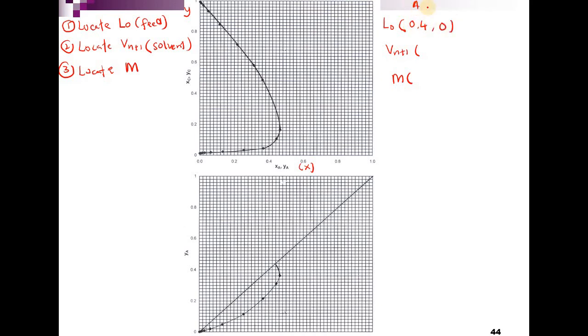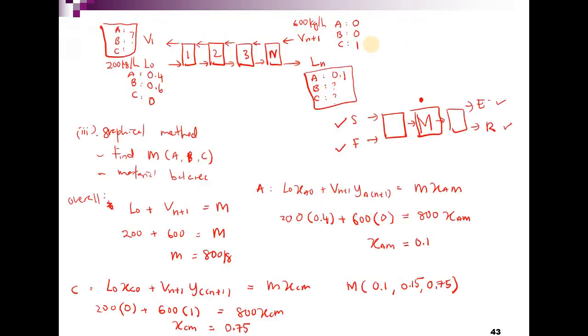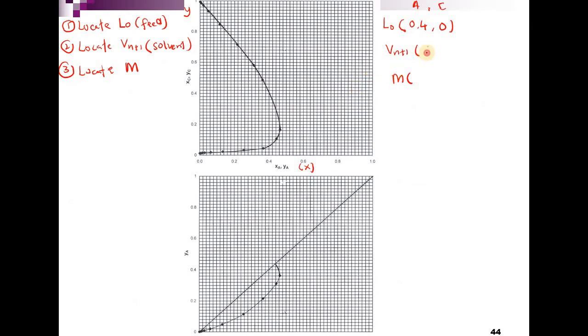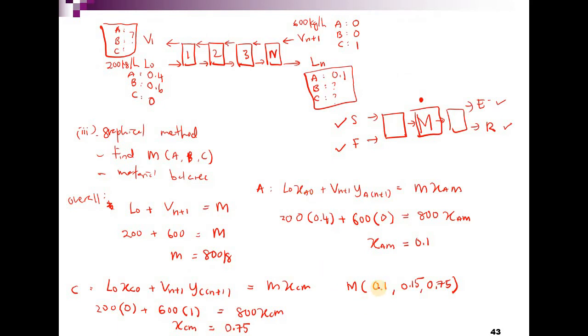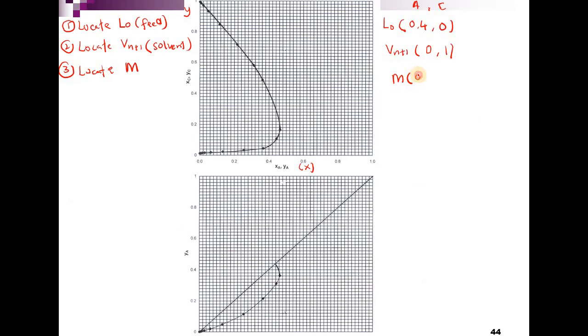For Vn+1, A is 0, C is 1, so 0 and 1. For M, A is 0.1 and C is 0.75. So you already have the coordinates. Now you locate all three coordinates. L0 is 0.4.